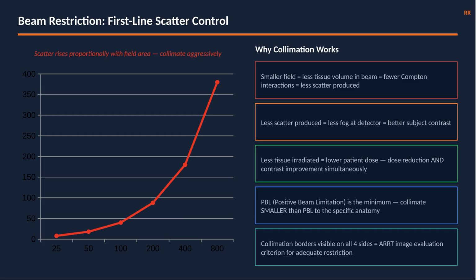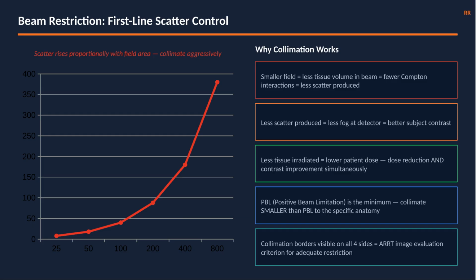Beam restriction works by attacking scatter at its source. Smaller field means less tissue irradiated. Less tissue means fewer Compton interactions. Fewer interactions means less scatter produced. And less scatter produced means less fog at the detector, which means better subject contrast. Dose reduction and contrast improvement happen from the same action simultaneously.